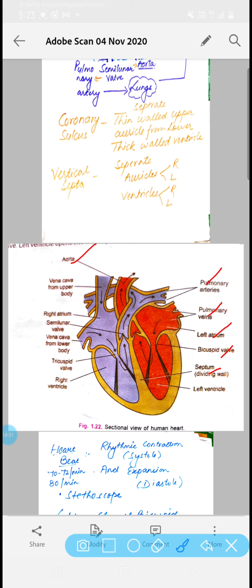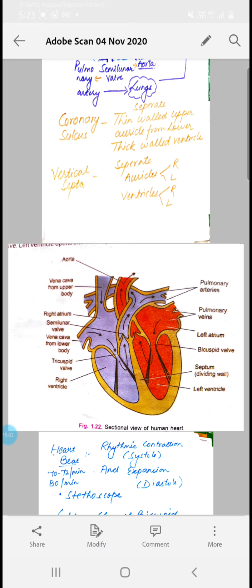These are dividing both ventricles, left ventricle, right ventricle, tricuspid valve, vena cava which is collecting the blood from the lower body, vena cava which is collecting the blood from the upper body, right auricle, and semilunar valves. I have already described the functions and location of all these parts to you. So this is the internal view or the sectional view of the human heart.